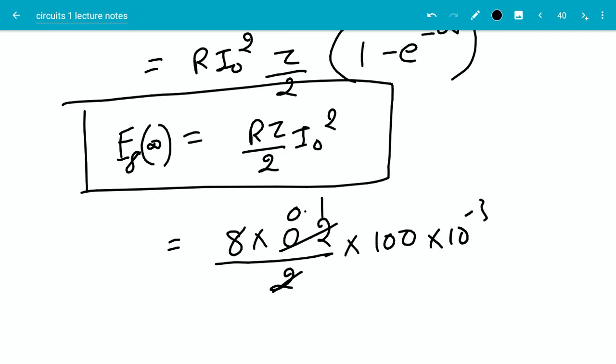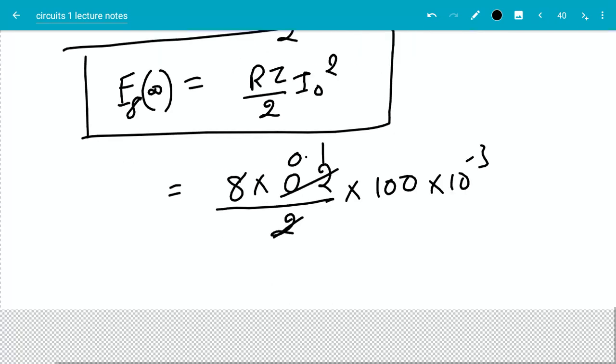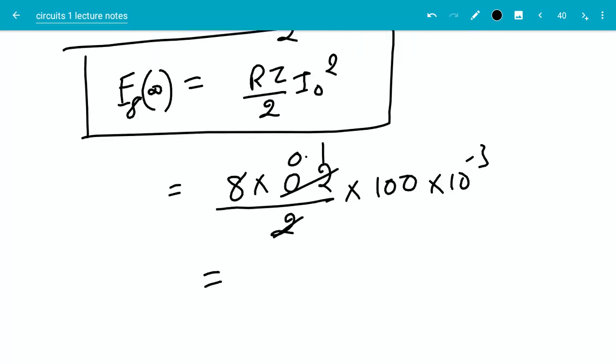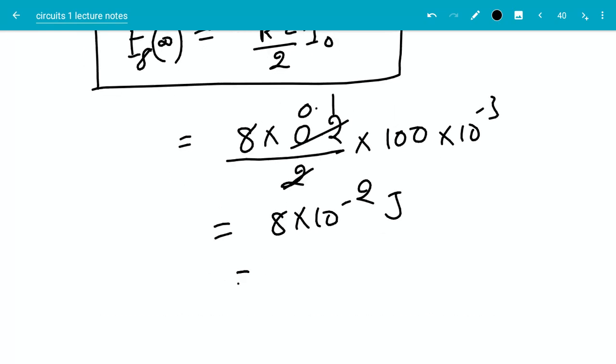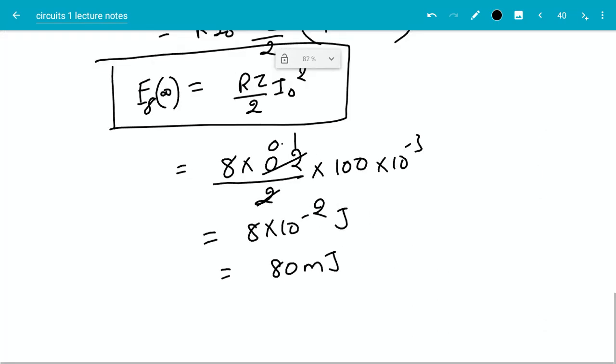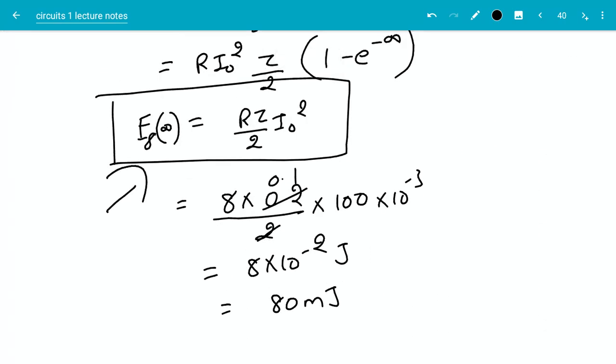So 10 to the power minus 4. So this is 100 times 10 to the minus 4, times 8, which gives 8 times 10 to the minus 2 joules. So this should be equal to 80 millijoules, right? So that's the answer, but that's the formula over there, and then you plug in.